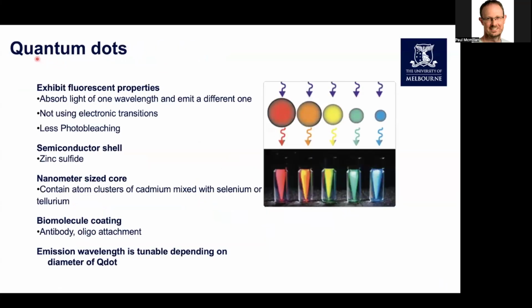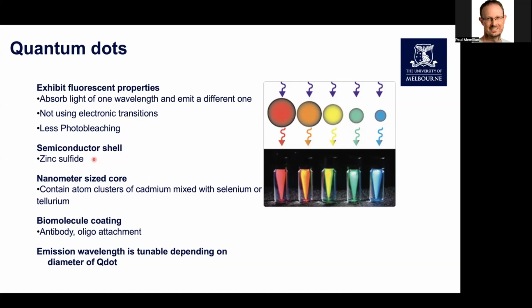One last thing that we might cover, I don't think many people use these because they tend to be quite expensive, but there are quantum dots that are available. These again exhibit fluorescent properties, not using the traditional Jablonski diagram type transitions that we talked about earlier.